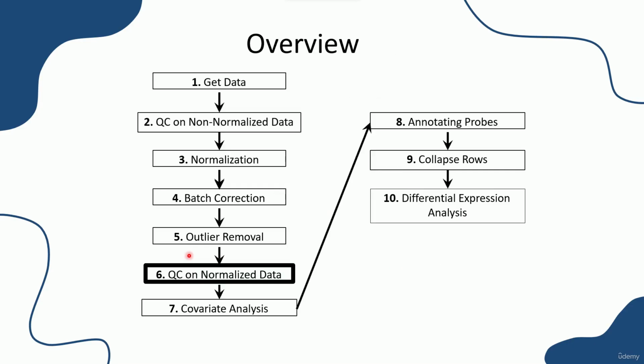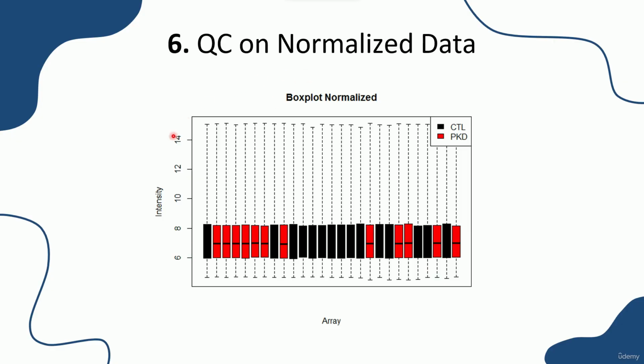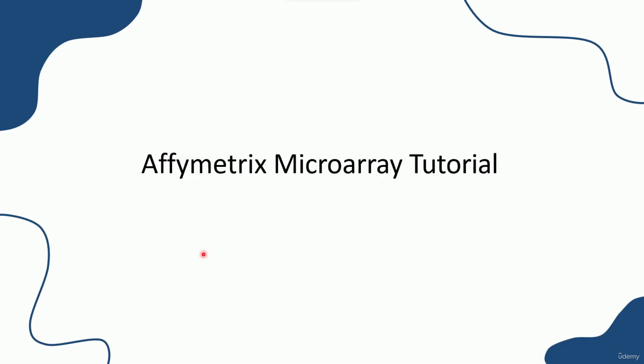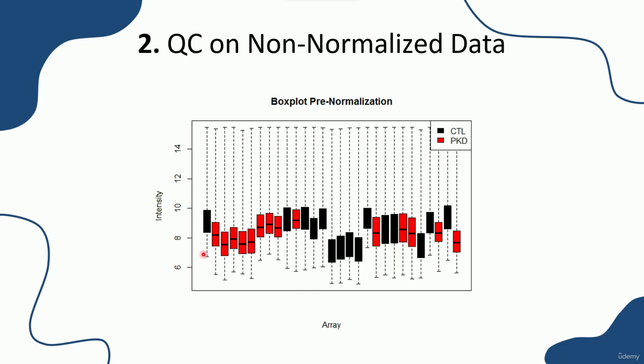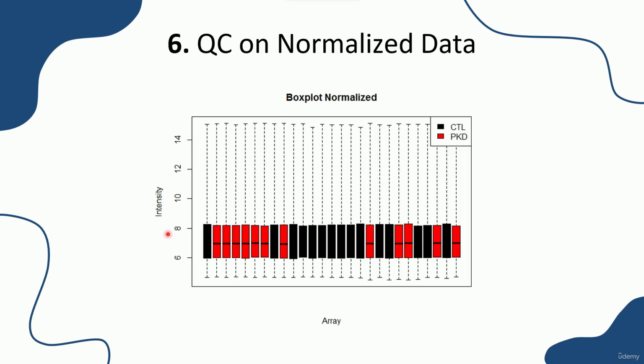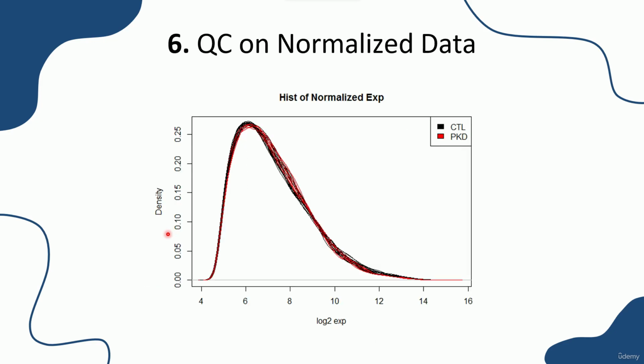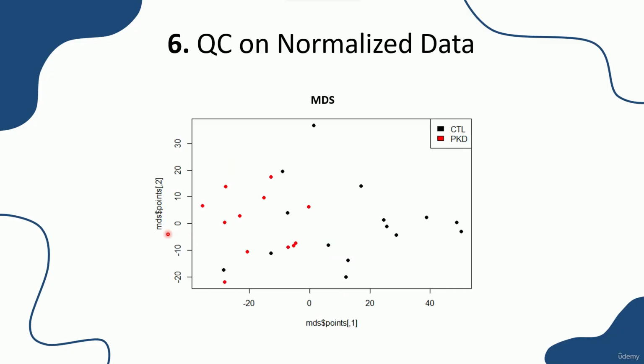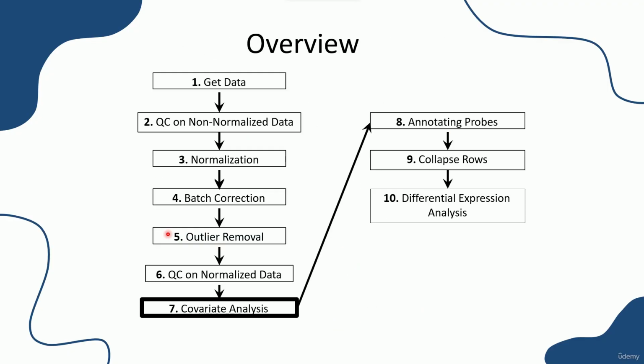Now we will apply the quality control on normalized data. After applying the quality control, you will see a big difference that all the data is now normalized. Here you can see it is not normalized. Now after correcting it, the data is now normalized. Expression density is the same as I showed you on the graphical user interface, and it is also involved in MDS.